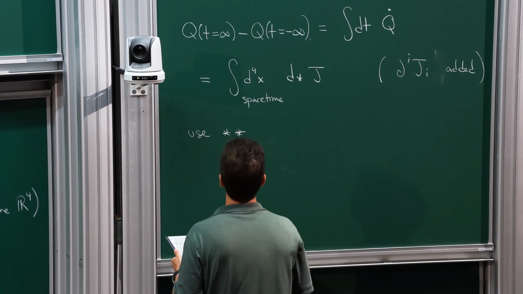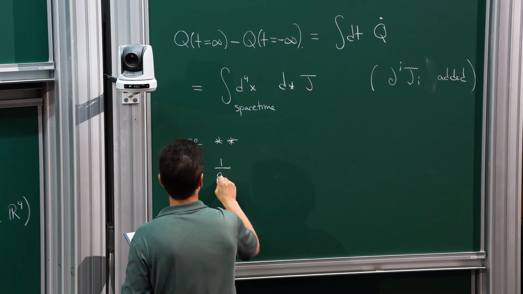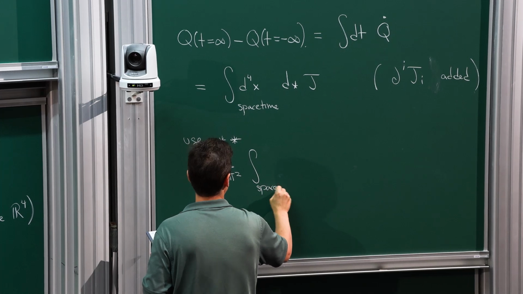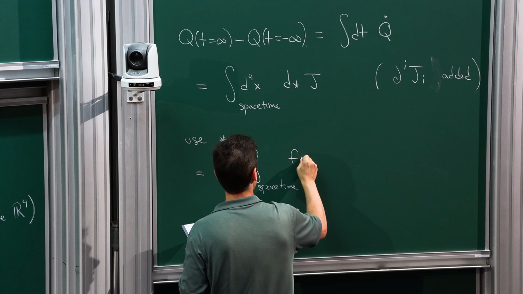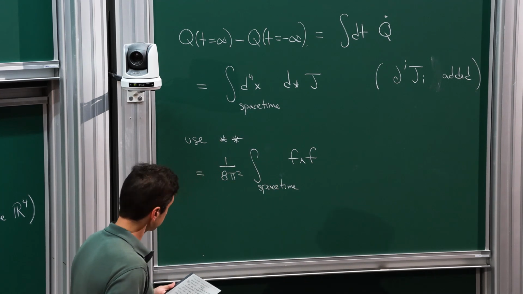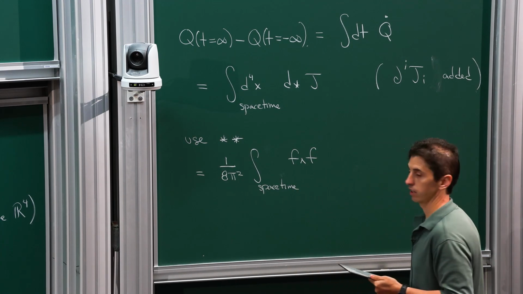This is equal to 1 over 8 pi squared integral over space-time of F wedge F. Now, what kind of mathematical objects are appearing in this integral?